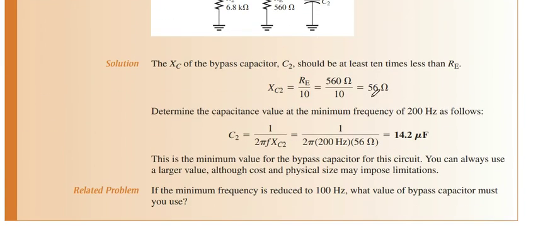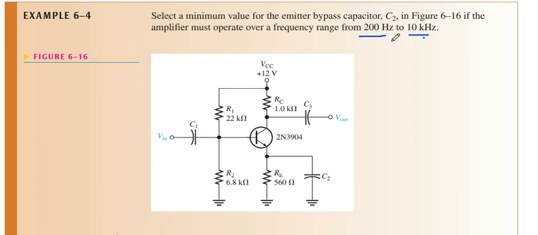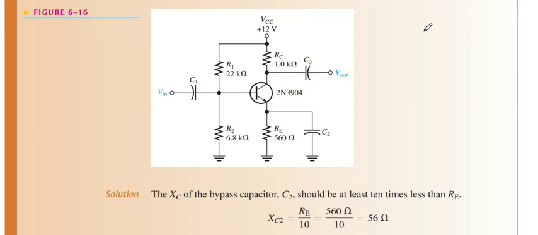So we get 56 ohm. When we put this resistance into the equation, we get 14.2 microfarad. This is the minimum value of bypass capacitor for using at 200 Hz to 10 kilohertz.